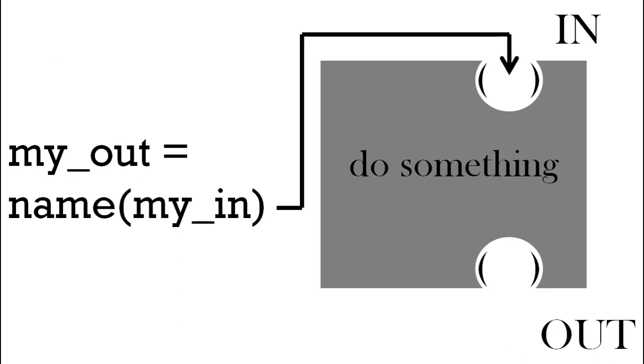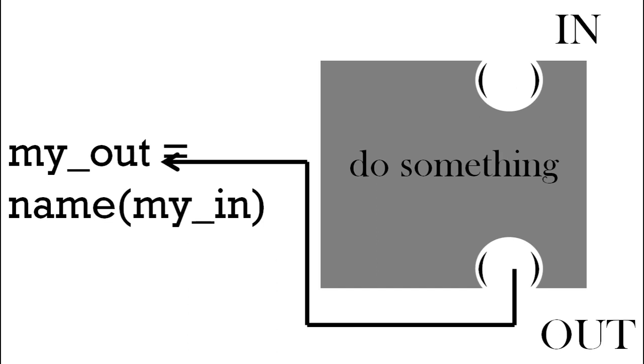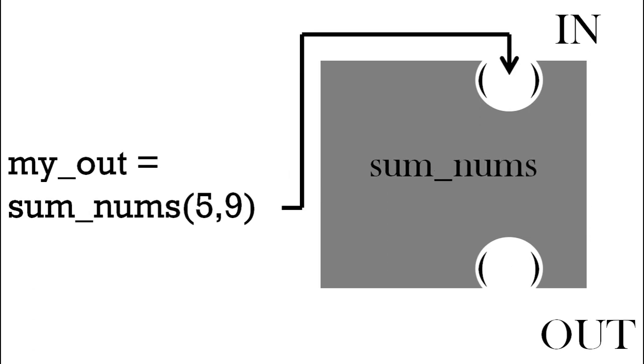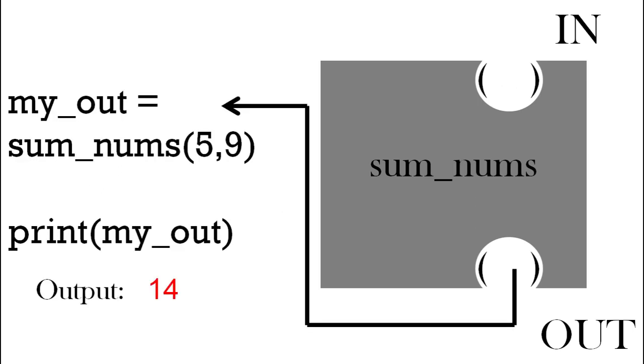In the function call, we're going to use the name of the function to call it. So in brackets, in this example, the my_in will go in and out will come my_out. So here's an example where the sum of numbers is going to pass 5 and 9 in, and then out will come 14, the correct answer.